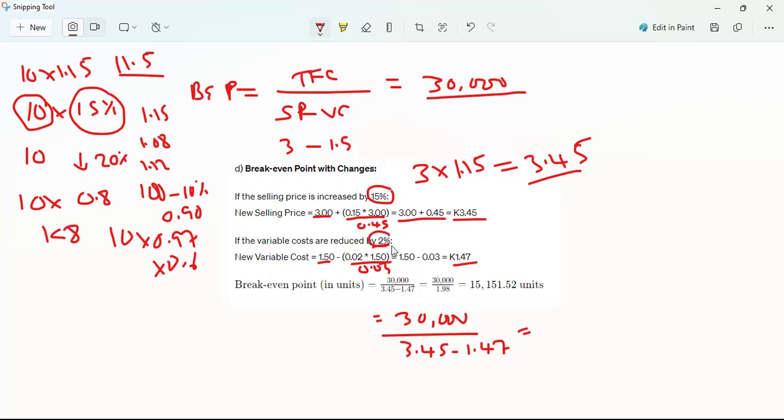Now the variable cost reduced by 2%. So 2% from 100% is 98%, so 0.98 directly, without subtracting anything because it's reducing. So 1.15 times 0.98 will give you 1.47. So here it will be 3.45 minus 1.47, and you get the answer.